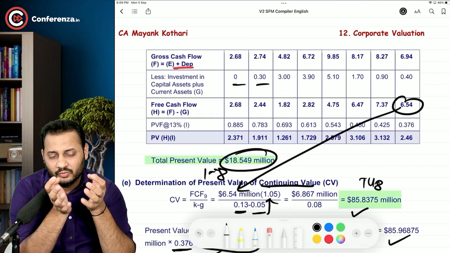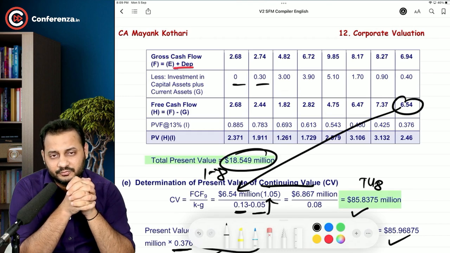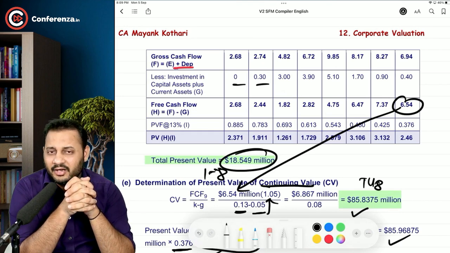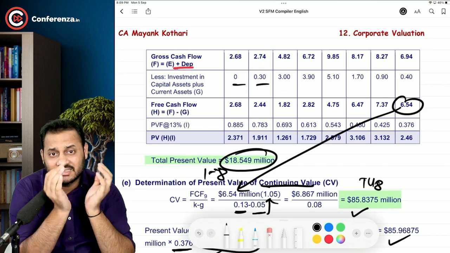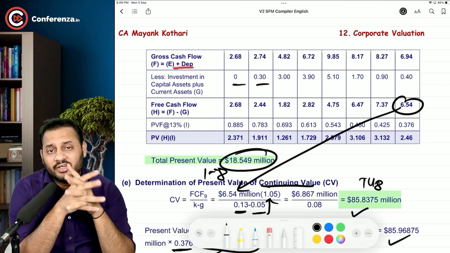Understand that till now, whatever the capital expenditure was required, it was contributed by equity and debt holders. But in this part, for the first 2 years, not the entire capital expenditure has to be contributed. In the first year, we had sufficient funds in the current assets to fund the capital expenditure.